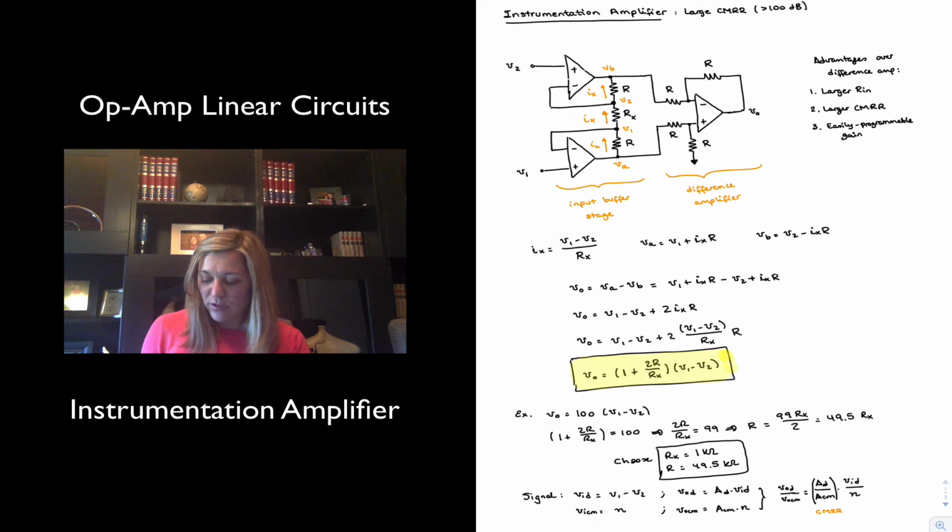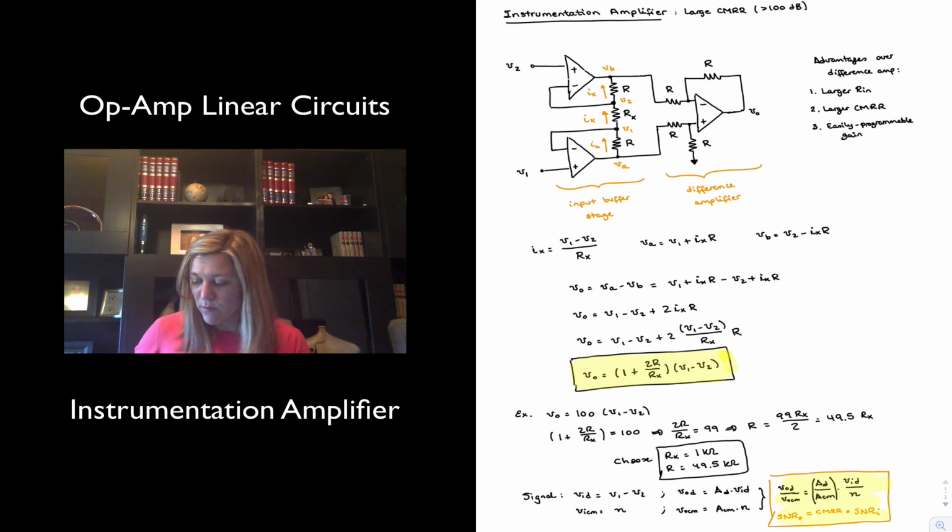And what we have on the left side of the equation is the differential output signal divided by the output signal due to the common mode, which we consider part of the noise. So this could be a measure of the signal to noise ratio at the output, SNR out, equals CMRR times the signal to noise ratio at the input. And so this is also an equation that's important to remember.